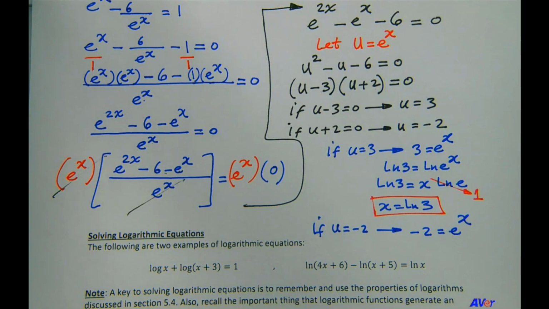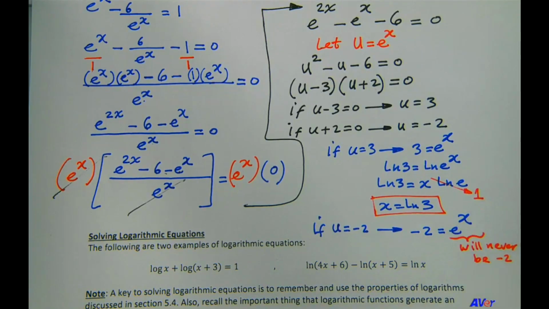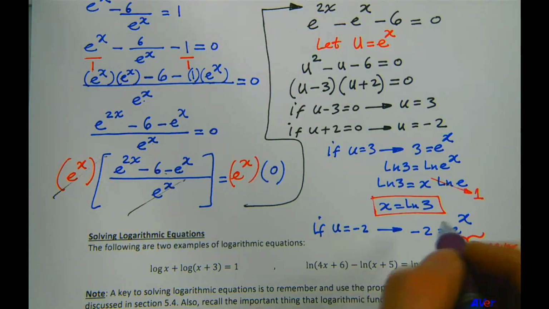Because minus 2 equals e to the x will never be true, because the right side will never be any negative number, let alone minus 2. So this is not possible.